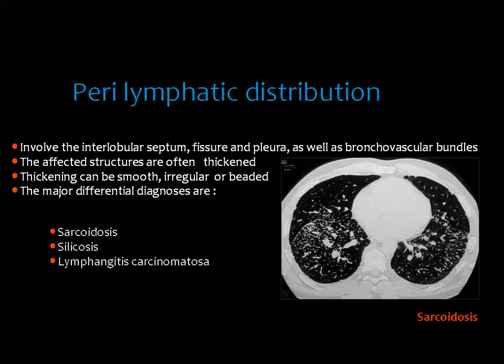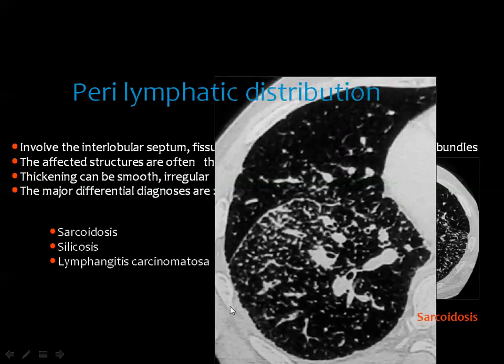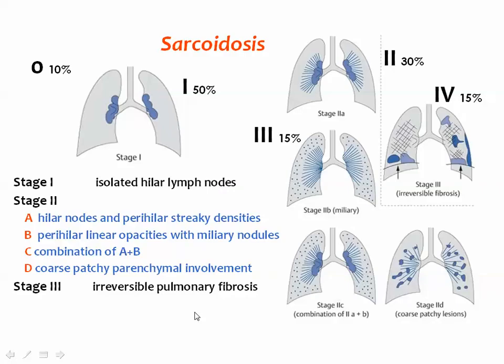On top of the differential diagnosis of perilymphatic distribution is sarcoid. And you remember lymphangitis carcinomatosa is diagnosed whenever you know that the patient had a primary malignancy and you see the perilymphatic distribution. Then what about sarcoid?